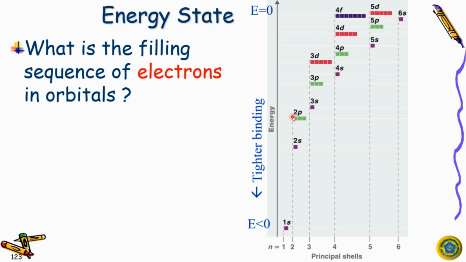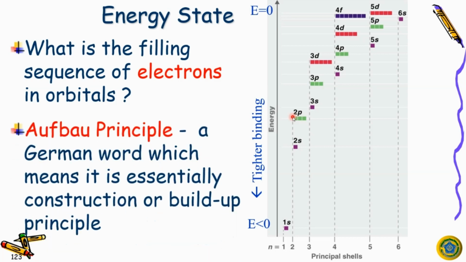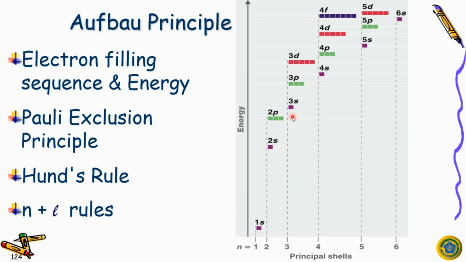What kind of rules do we need to follow? There are 4 rules for you to follow, and when we put these 4 rules together, we call them the Aufbau principles.